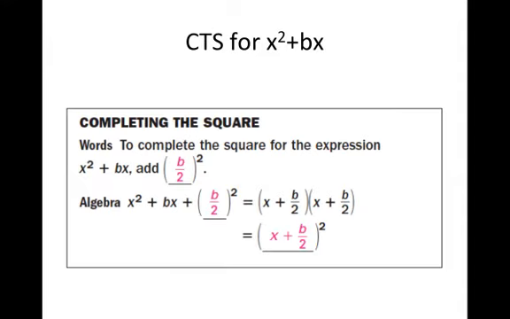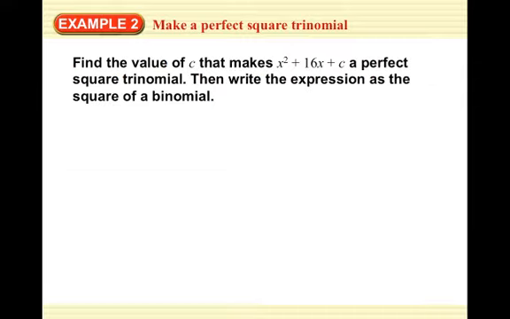To complete the square for the expression x squared plus bx, you're going to add b over 2 squared. So x squared plus bx plus b over 2 squared equals x plus b over 2 times x plus b over 2, which is x plus b over 2 squared.